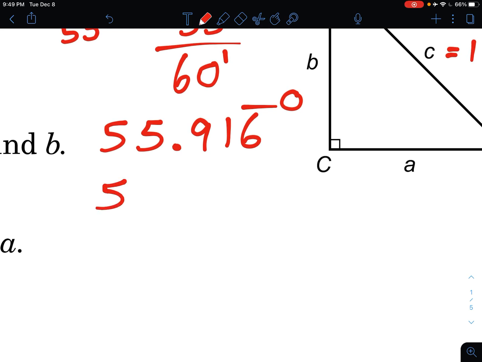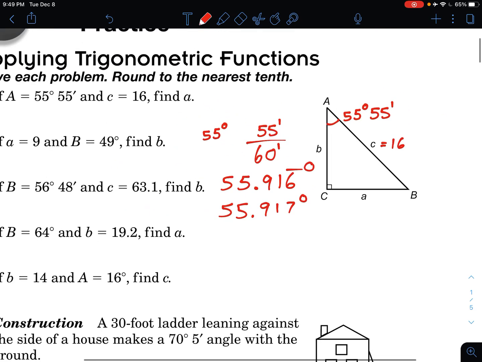If you round 2 more decimal places than you need for your final answer, you'll still get the exact same answer, because you're not going to have any rounding issues if you go out to the thousandths place, unless you're dealing with a whole lot of numbers. But in this case, we only have 2 different numbers, so rounding to the thousandths place is going to work just fine for us on this problem.